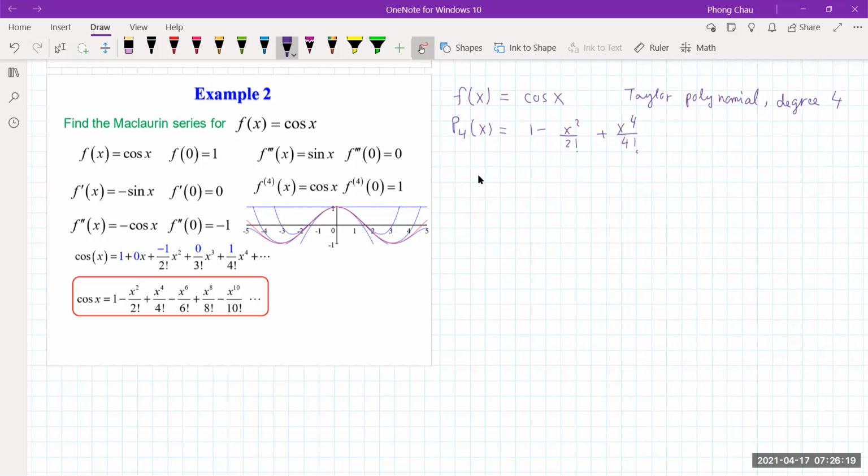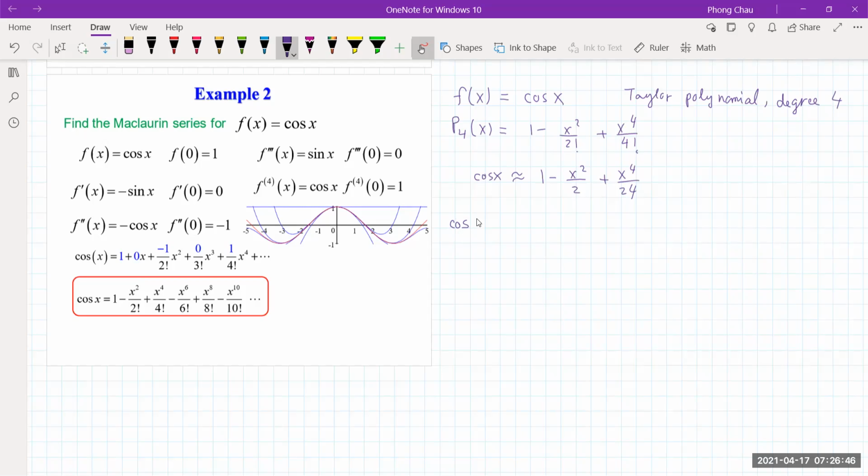So cosine of x is about the same as 1 minus x squared over 2, and if you simplify, the 4 factorial is really 24. So that's the approximation.